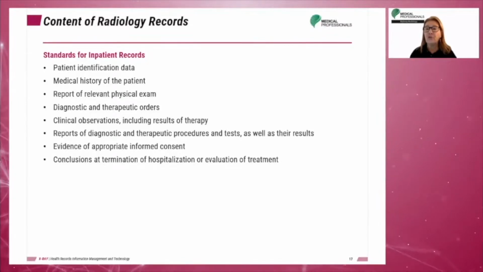Most medical recording is now standardized. Electronic mandatory fields should be presented depending on the facility or testing.